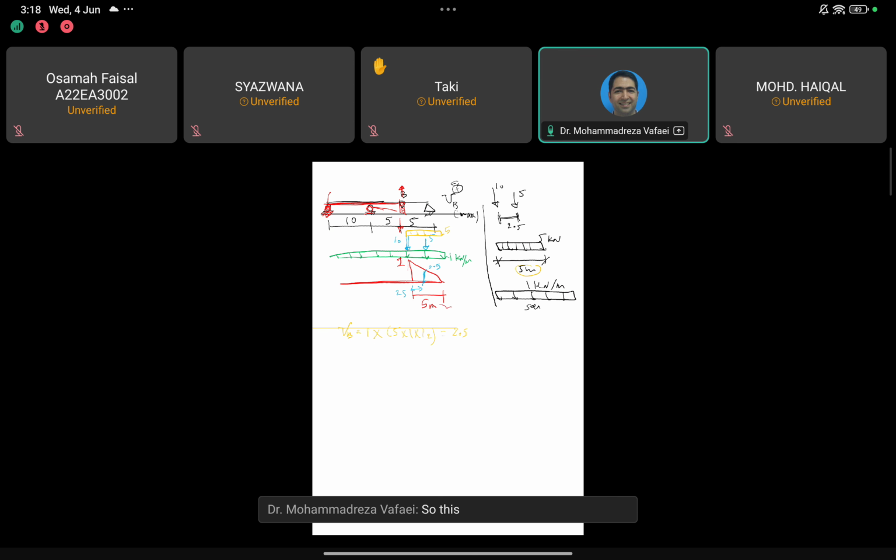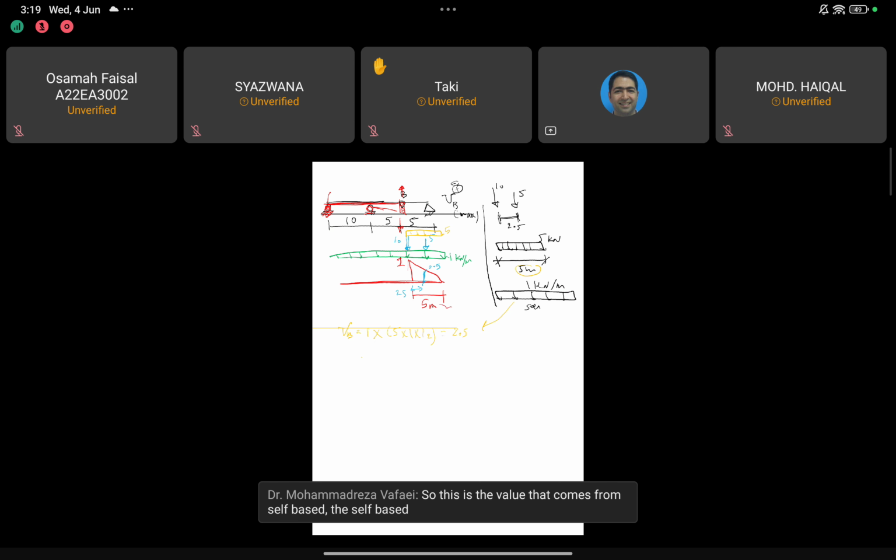This is the value that comes from the self-weight. And then we have also a value that comes from the point loads. We have that 10, which multiplies to the height, which is 1. And then we have 5, which multiplies to the height, which is 0.5.